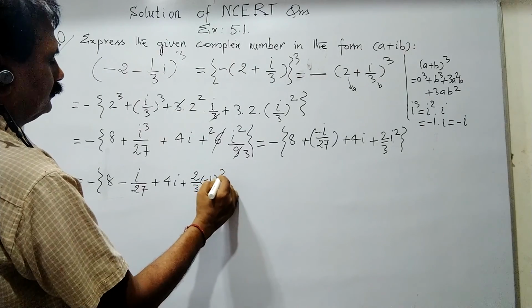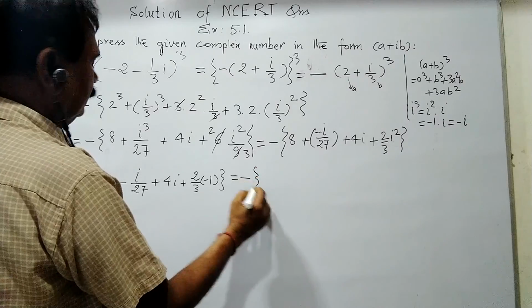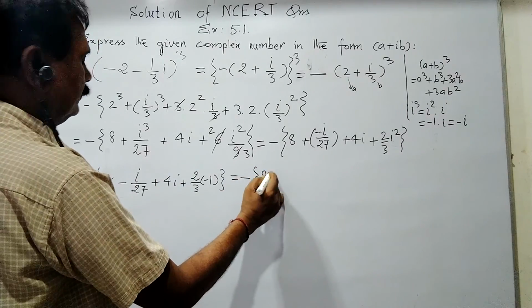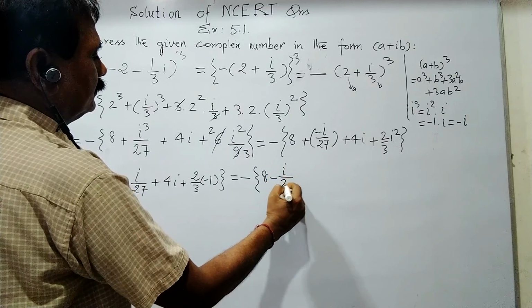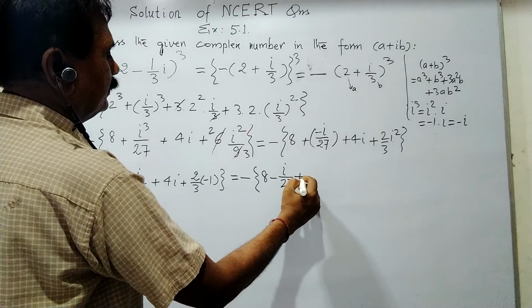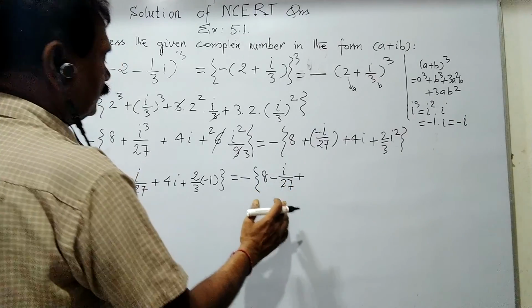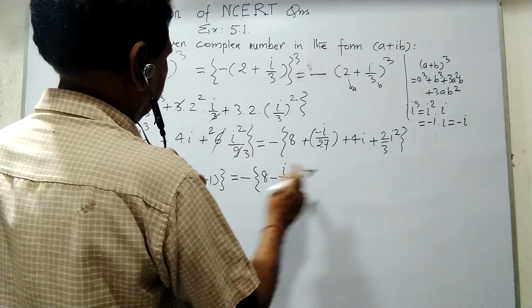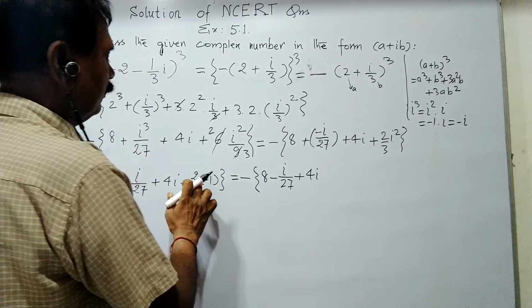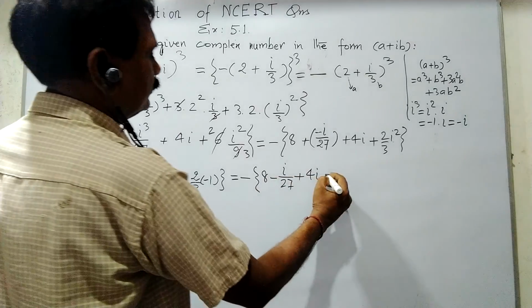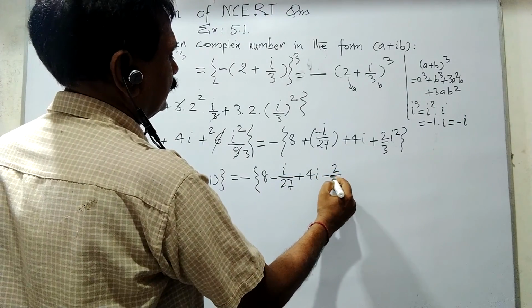Then this becomes minus 8, minus i by 27, and 4i. You can take i common here, then just write down 4i, and this is 2 into minus 1, minus 2 by 3.